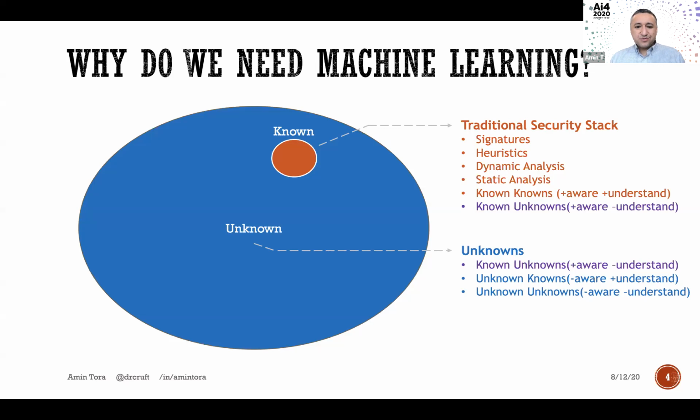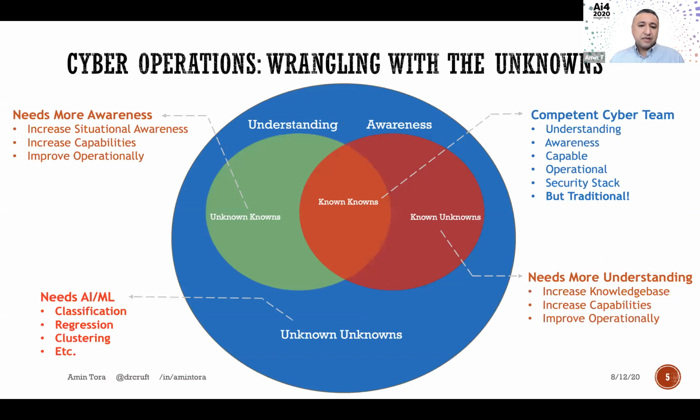The good news is that both blue teams, or even red and purple teams, and the adversaries out there are in the same boat. Our knowledge set is still limited, and we're both trying to tap into the unknowns, which is a dynamic environment, of course, and trying to mitigate against the adversary. So in a normal cybersecurity operations approach, you have your known knowns.